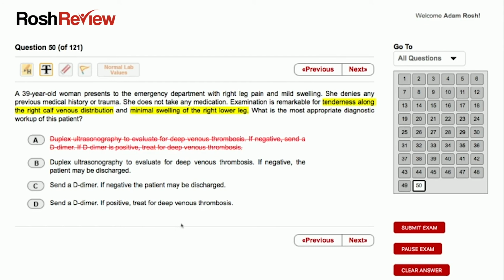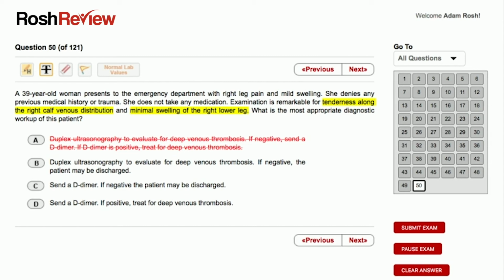Answer choice B, duplex ultrasound to evaluate for DVT, and if negative, the patient may be discharged. All right. Well, along with the reasoning of answer choice A, it's a good thing that the ultrasound is negative to start with, but because this patient is moderate risk, there is the possibility that you could have a thrombus that is just not being picked up and it may propagate over time due to her risk.